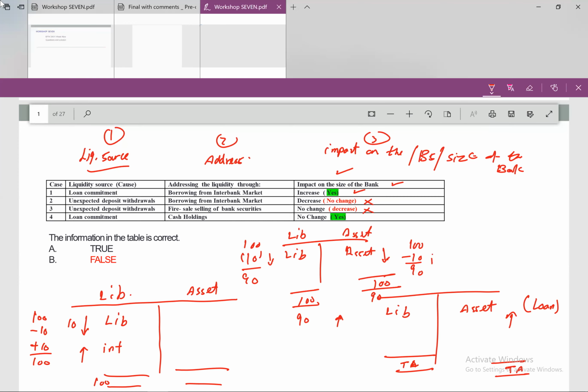And loan commitments, where I said it comes from cash holdings, not change. No, actually it will be a drop, a decrease in the size. Loan commitment, I bought it from cash holdings. Is it not change?